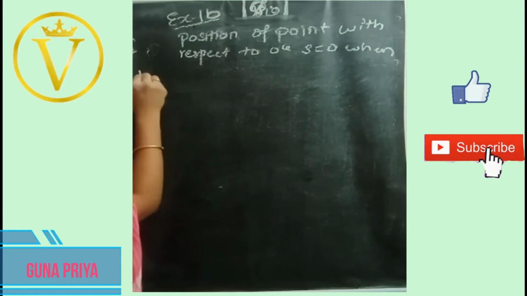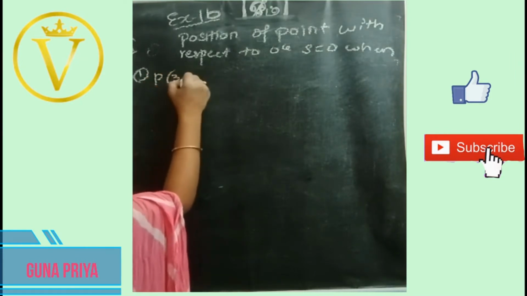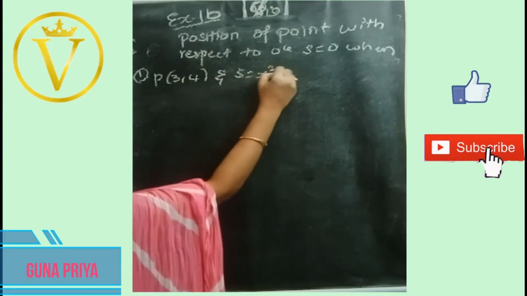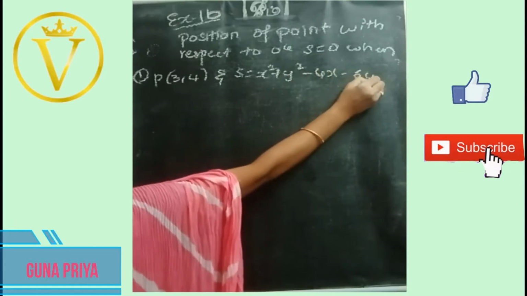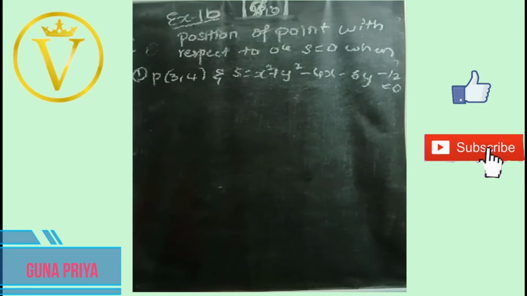They have given 4 problems to find the position of a point with respect to circle S equals 0. When P is (3, 4) and S equals x square plus y square minus 4x minus 6y minus 12 equals 0. They have given one circle equation and one point.